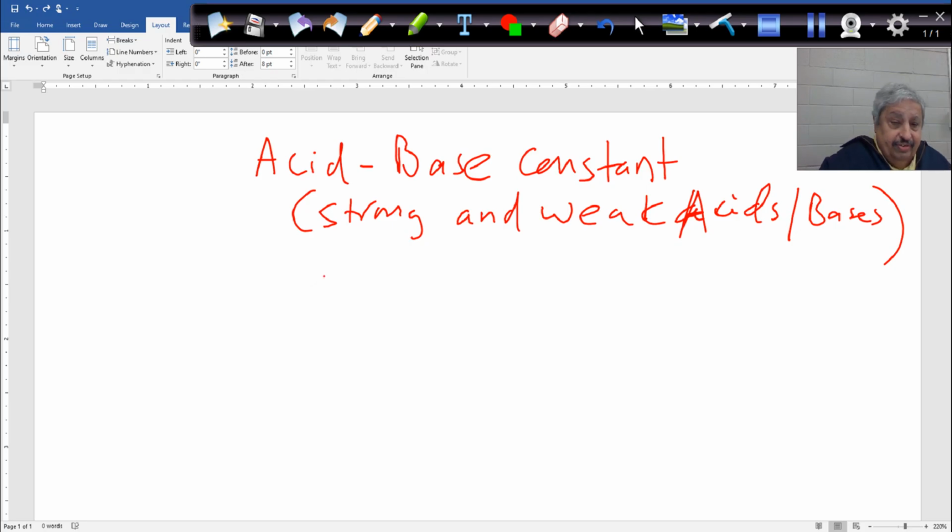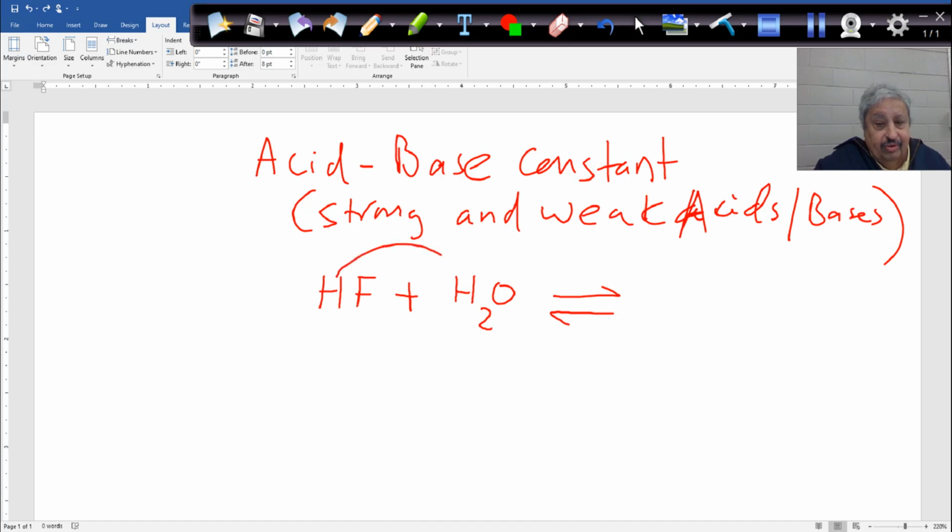If I have HF reacting with H2O, that gives a weak acid, with a double arrow. You will see that this one is donating to this one. This is the donor, that's the acid. This is the acceptor, that's the base.